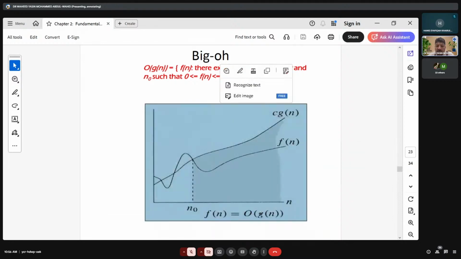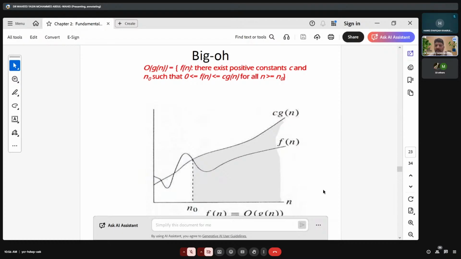f(n), O(g(n)). Here we have c·g(n), f(n), and n. Let me see what is the big O for g(n). We have f(n), we have O(g(n)).